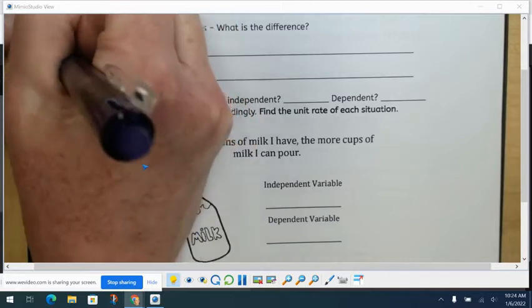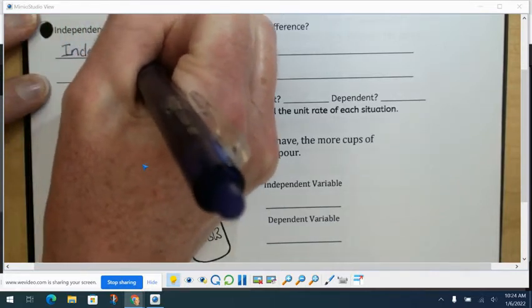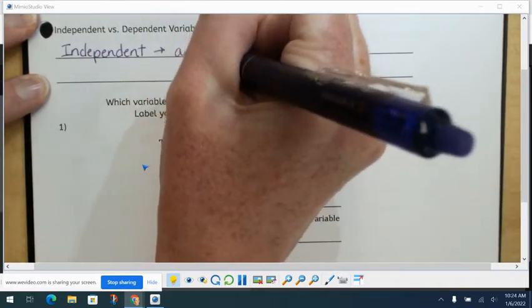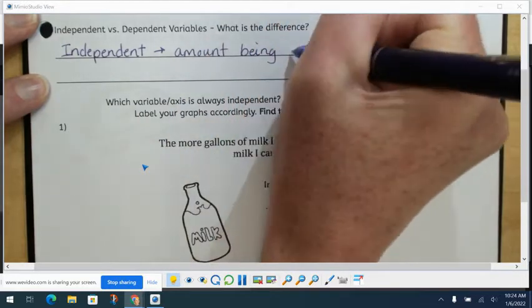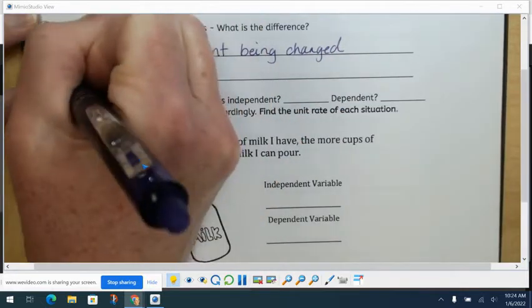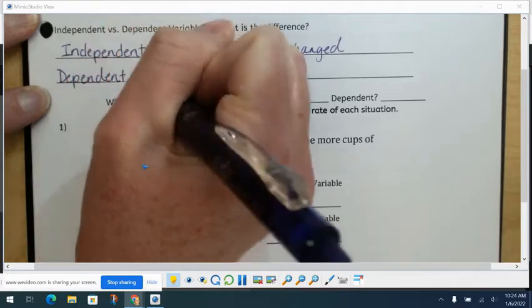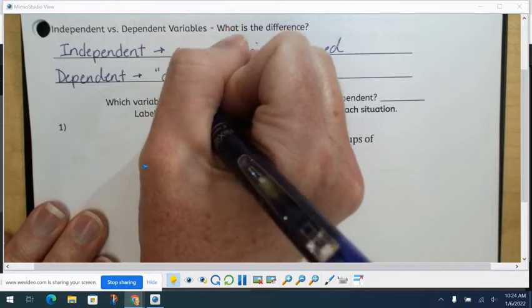One of those is the independent and the other is the dependent. The independent variable is the amount that's being changed somehow. And the dependent variable, that one always depends on the independent.